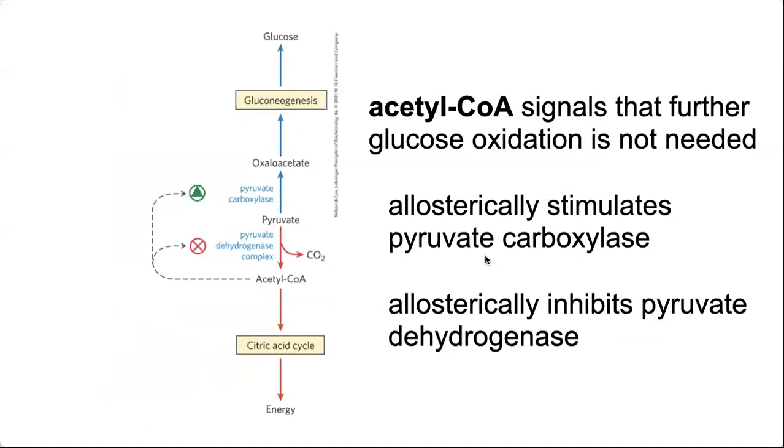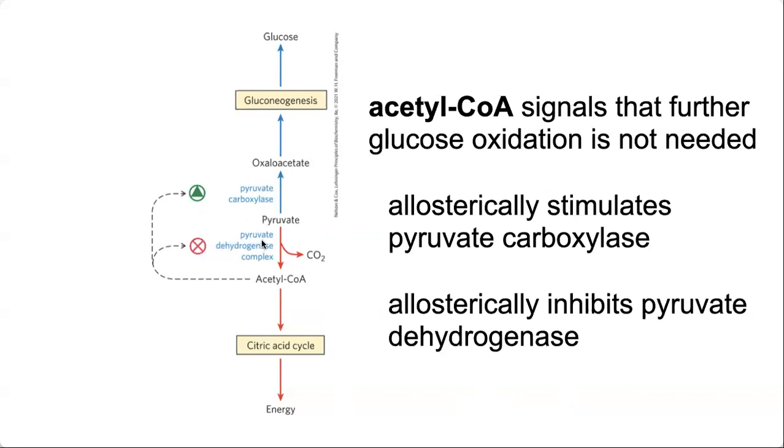Basically, pyruvate carboxylase, the one that was taking pyruvate to oxaloacetate, it turns out that it is going to be allosterically activated by acetyl-CoA. So remember, acetyl-CoA was inhibiting the pyruvate kinase, so it was inhibiting the upstream path from glycolysis.